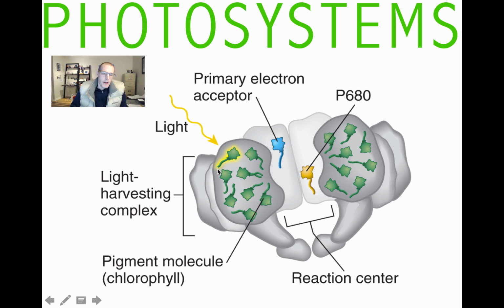So the photosystem has this ring of proteins called the light harvesting complex, a set of protein interactions which create the reaction center. You can see we've got a number of chlorophyll pigment molecules here. And then there's a couple of types of molecules we've not talked about. The molecule here is called P680, and then there's a molecule called the primary electron acceptor.